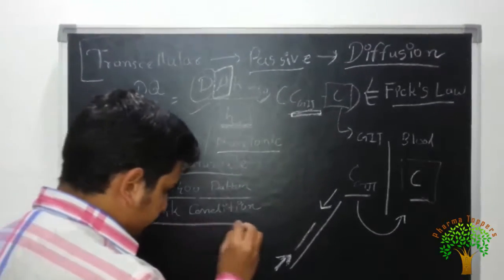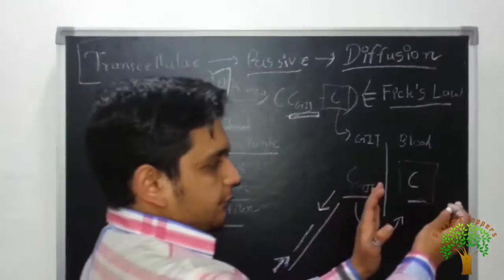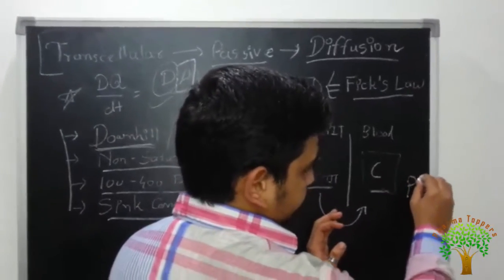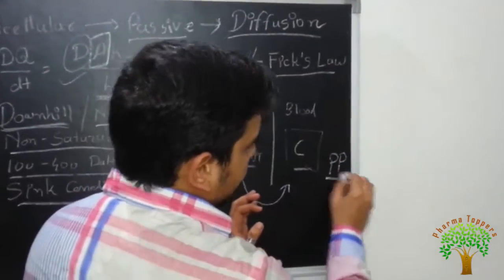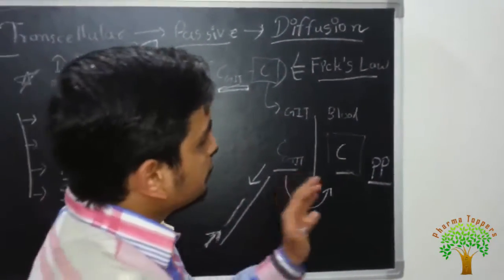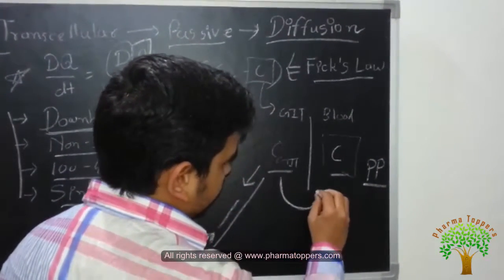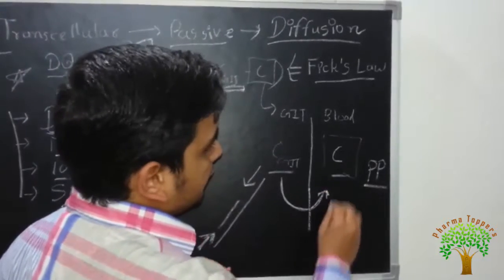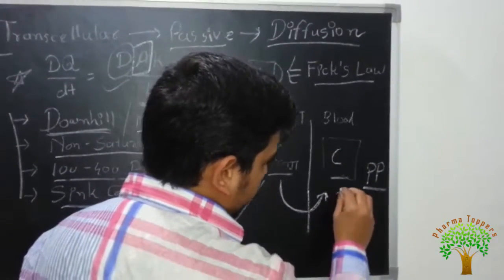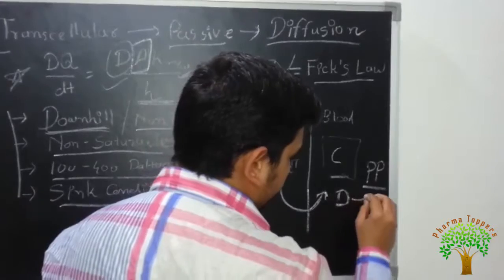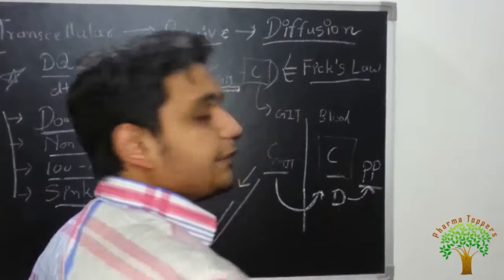Sink condition. We all know that in case of blood, plasma proteins will be there. Plasma proteins are present in the blood compartment. So whenever our drug passes through the membrane, directly this drug molecule will bind to the plasma protein according to its affinity.